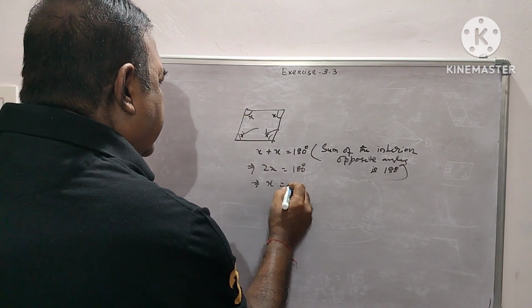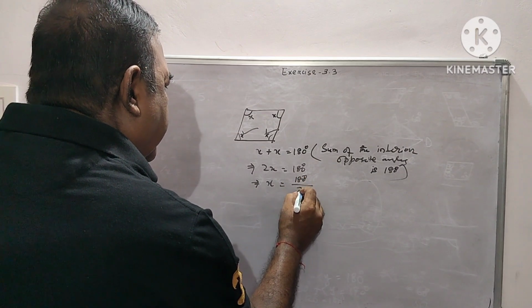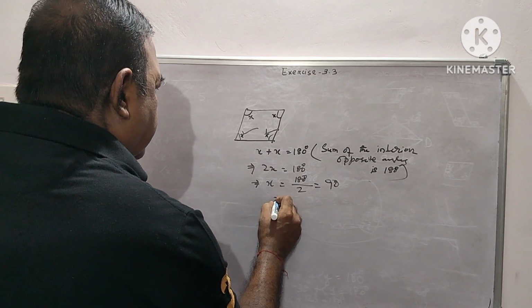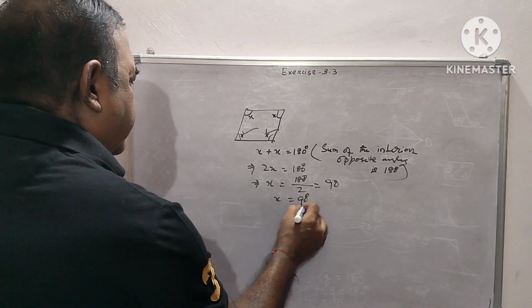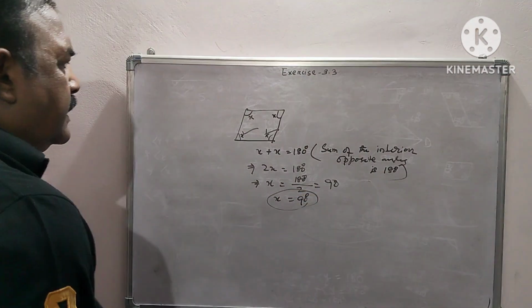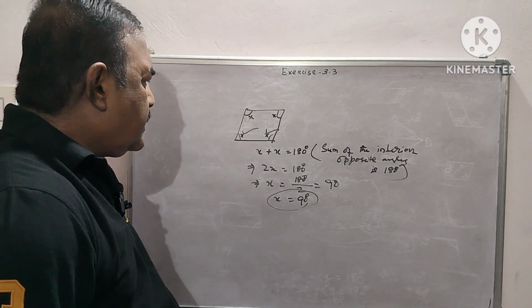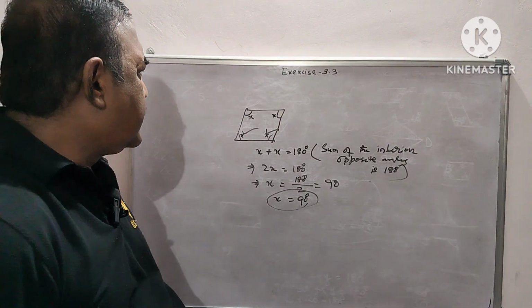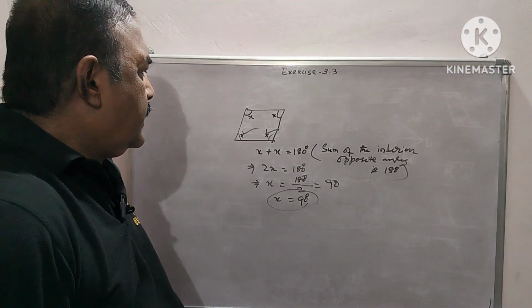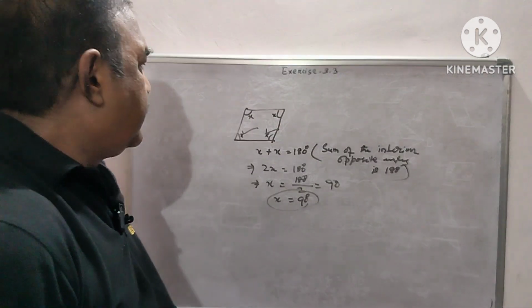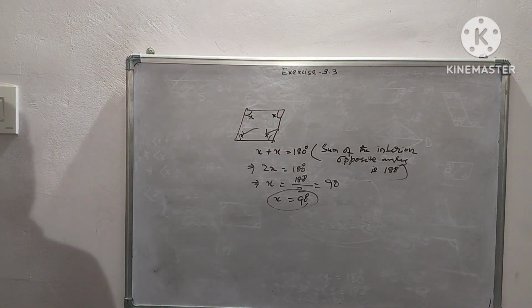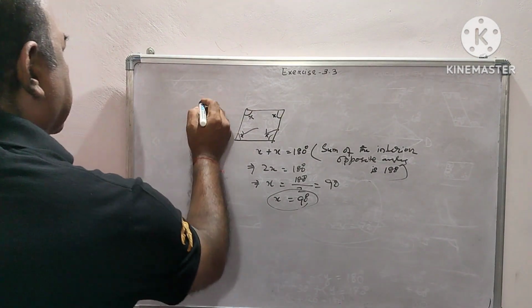That implies x is equal to 180 degree divided by 2, that is equal to 90 degree. So x is equal to 90 degree. That means each of the adjacent angles measures 90 degrees. So it will be what? A rectangle. So question number 6 is over. This was question number 6.